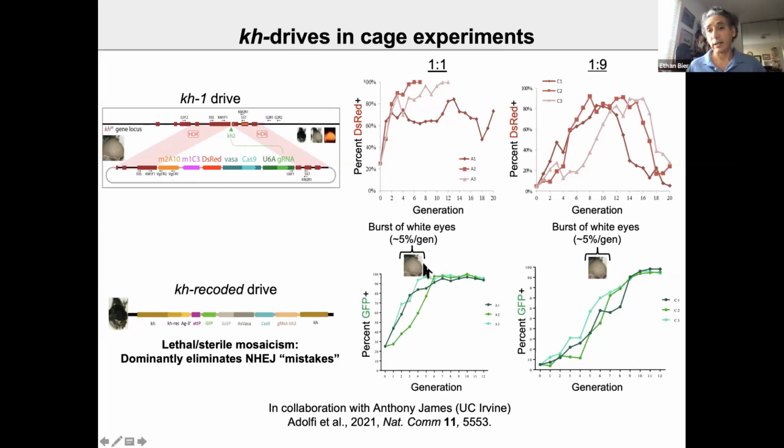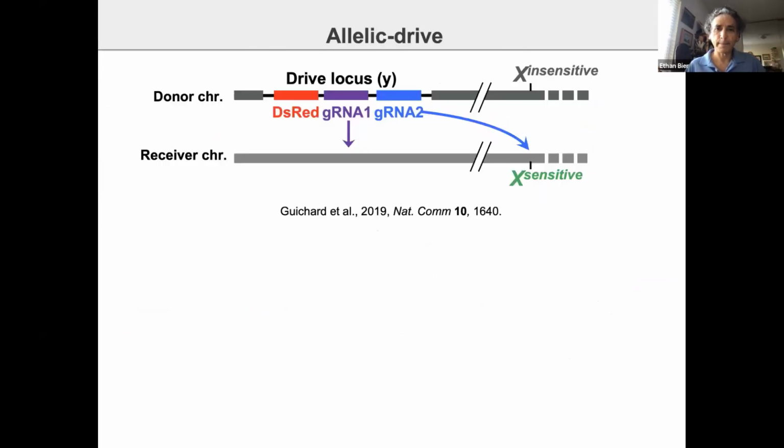And you can see the white eyes, and you can see that at the point where the rate of change is greatest in the drive process, there's a burst of white eyes that is consistent with this generation of these mutant alleles. That's basically the mechanism that's cleaning up. The catalytic converter is working at that point.